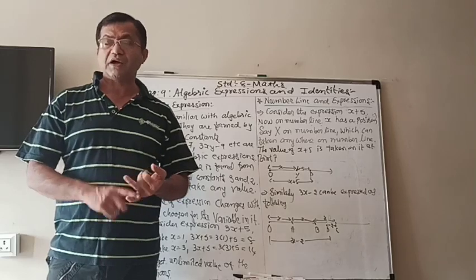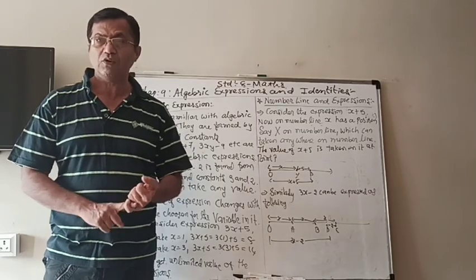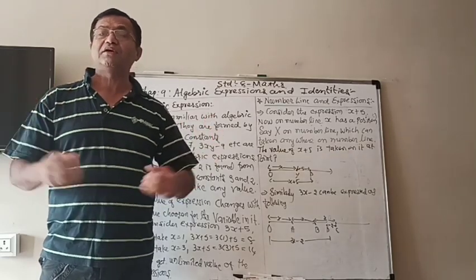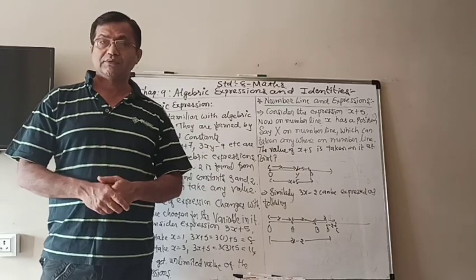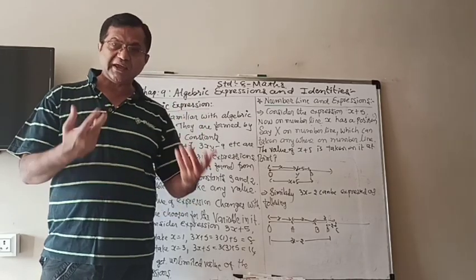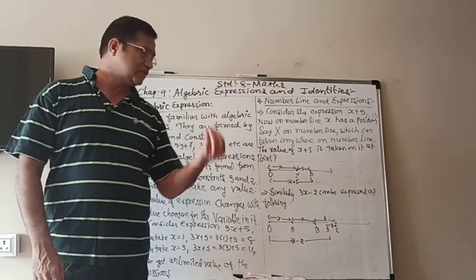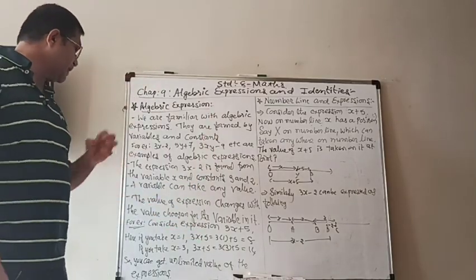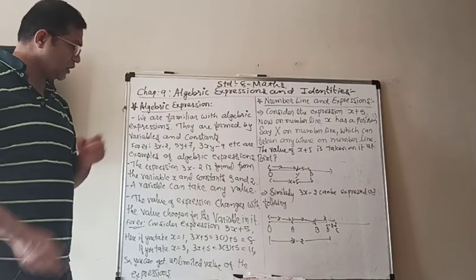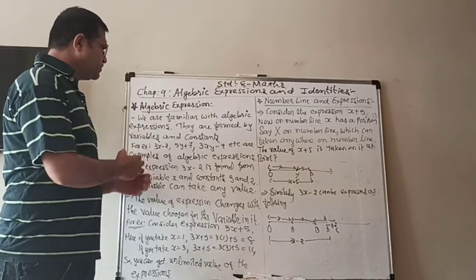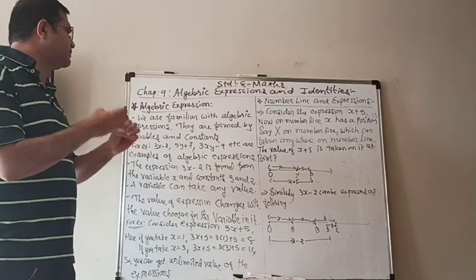It means that an expression can have unlimited values, because the variable can take any value. Similarly, we will get the value of the given expression accordingly. So that is the thing about the algebraic expression.